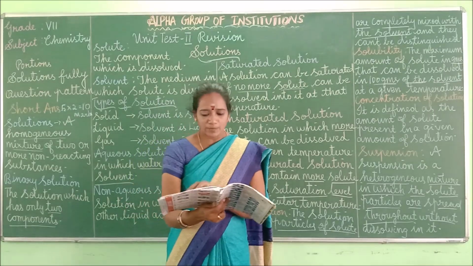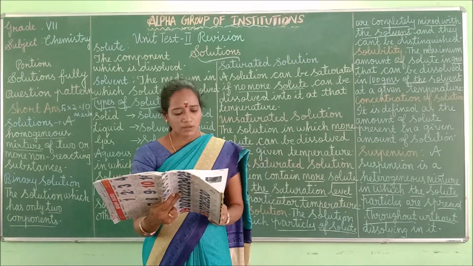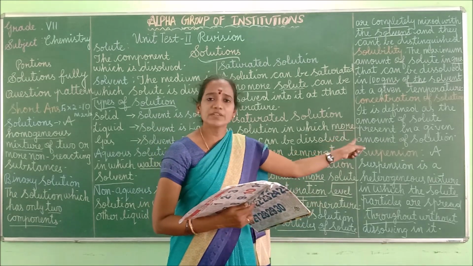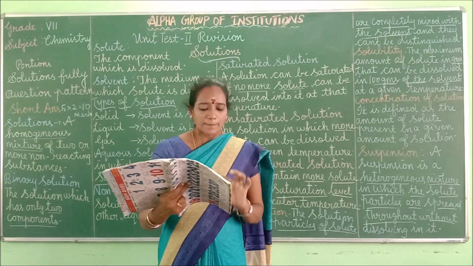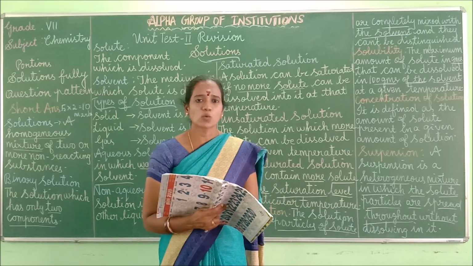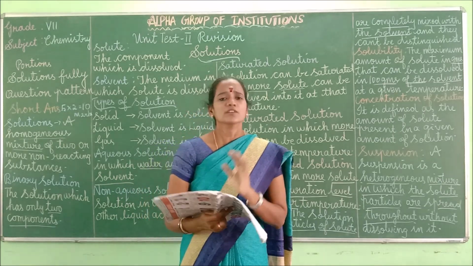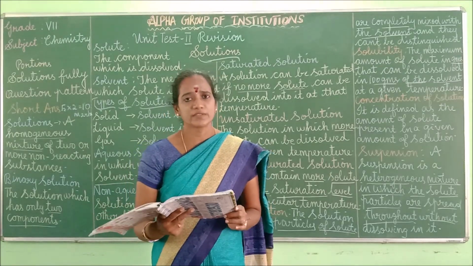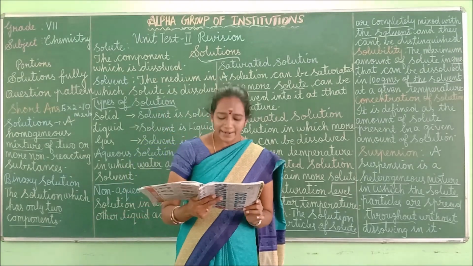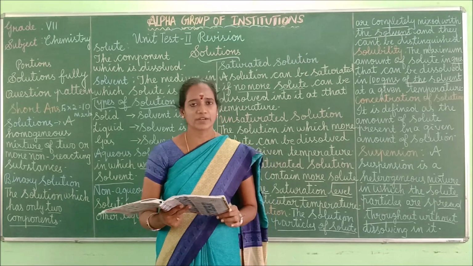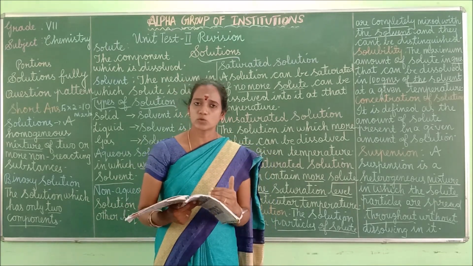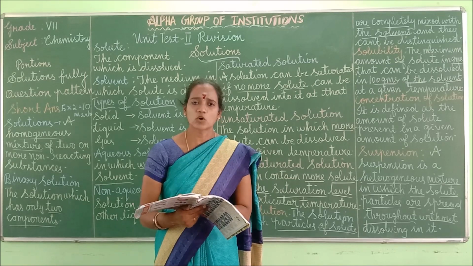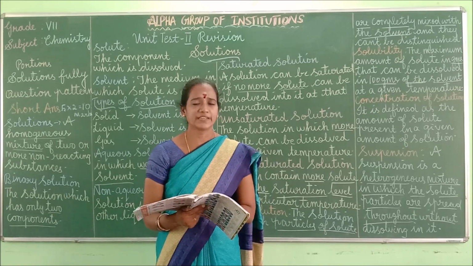Next, we can move to the concentration of solution we discussed, isn't it? In this, you have to learn about the mass percentage as well as volume percentage. So what is meant by mass percentage? The mass of the solute in grams dissolved in 100 grams of the solution is called the mass by mass percentage.